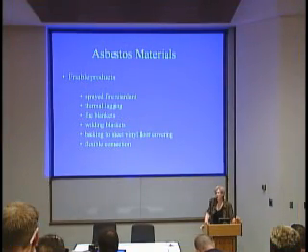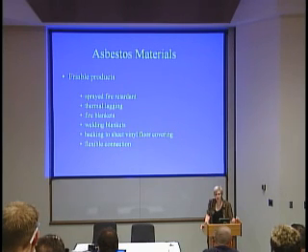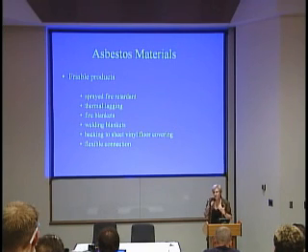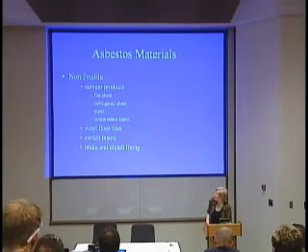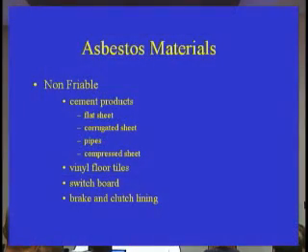In elevator shafts, it used to be sprayed on because there's a lot of friction and heat, so older buildings with elevator shafts have a lot of asbestos in them. Also with brakes and clutch lining, Bendix was a plant here locally that utilized asbestos in the brake shoe industry.